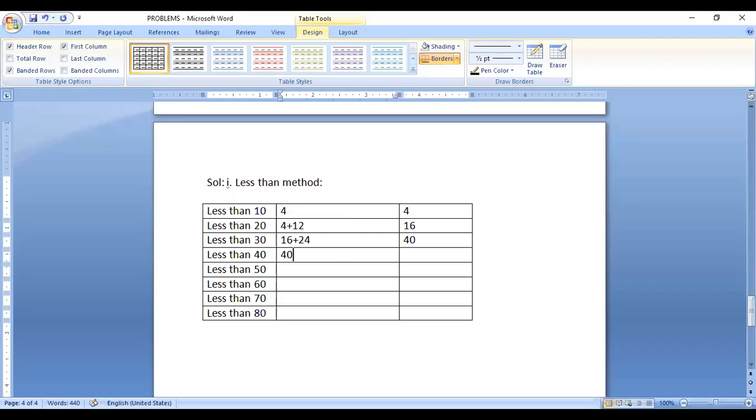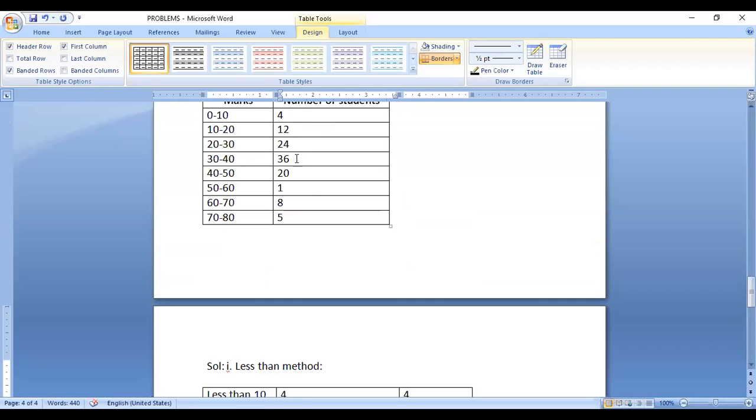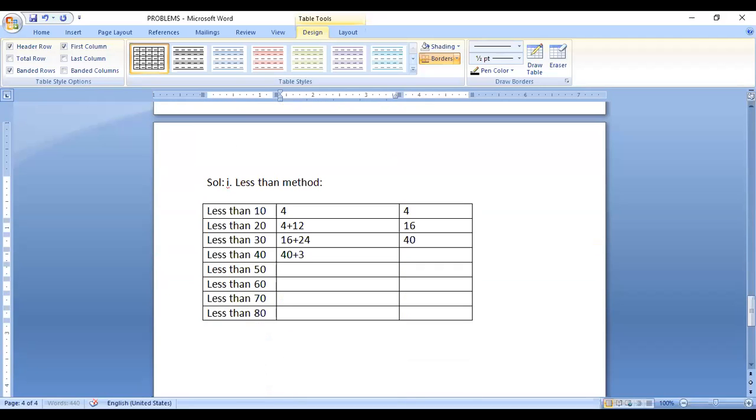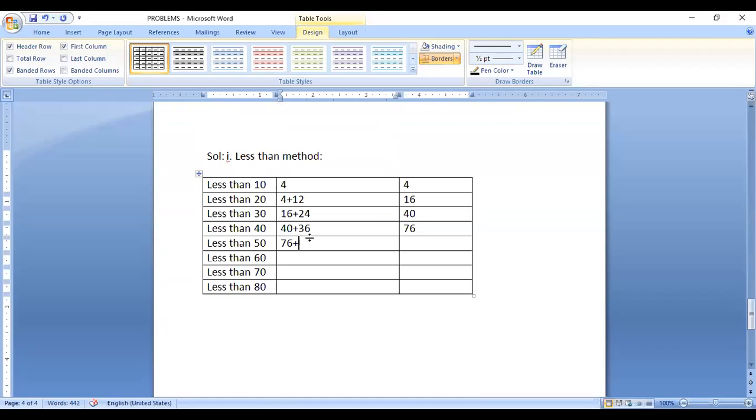Then 40 plus the next class, after 24 we have 36. So 40 plus 36 will be 76.